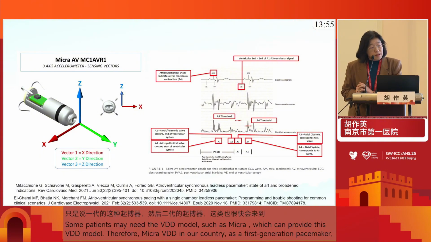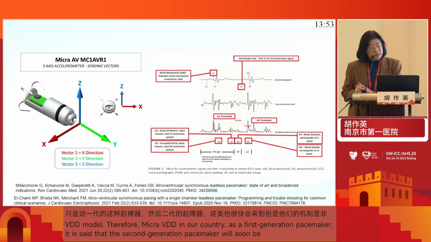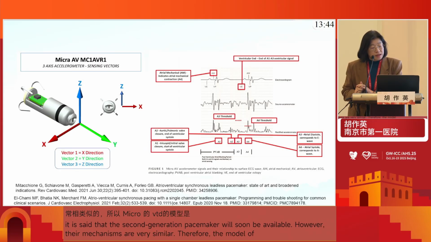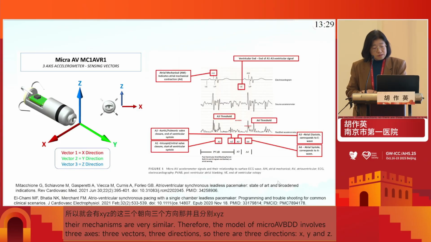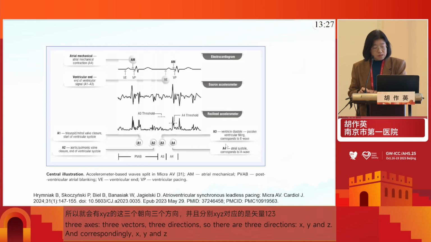So the Micra AV models share three axes, X, Y, Z, and they mark them as vector 1, vector 2 and vector 3. Here are the details of these mechanics.